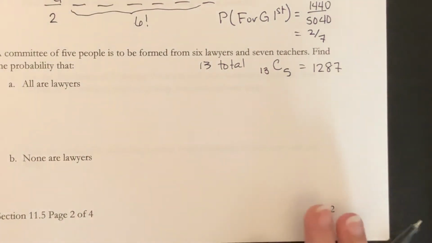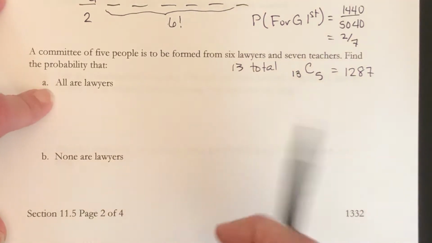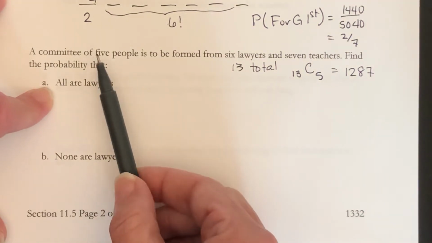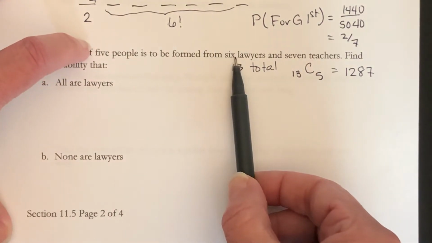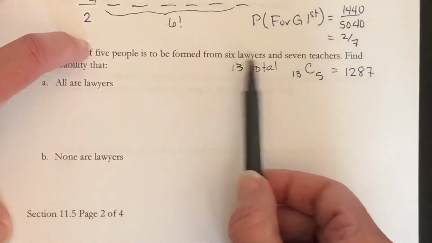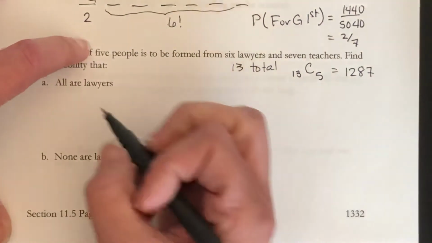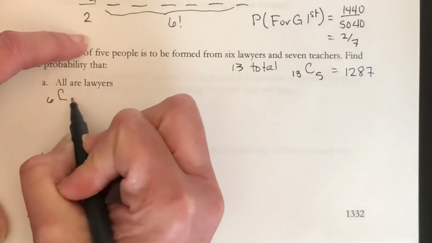Okay, so what is the probability that all of them are lawyers? We would need to choose 5 people from the 6 lawyers. So how many different ways can we choose 5 people from the 6 lawyers? From the 6, we choose 5.